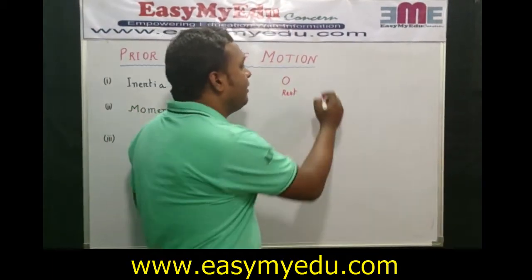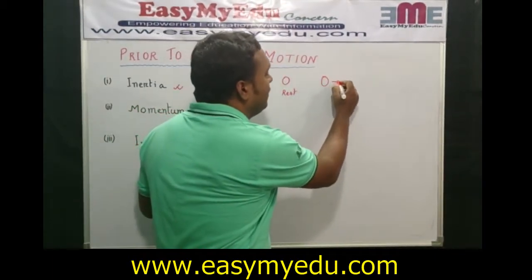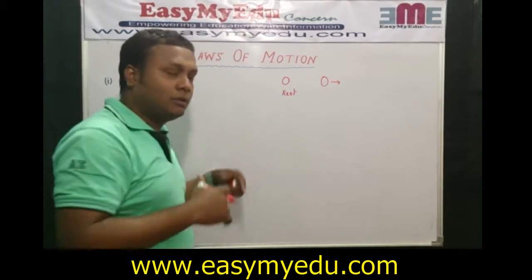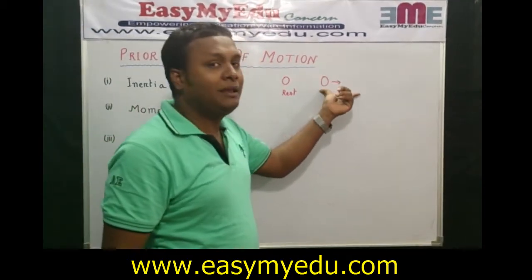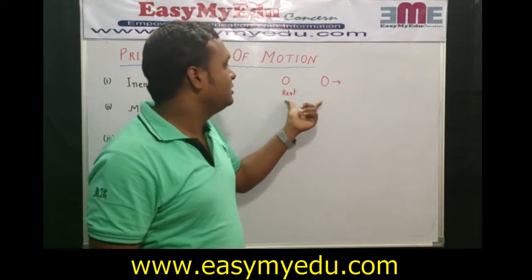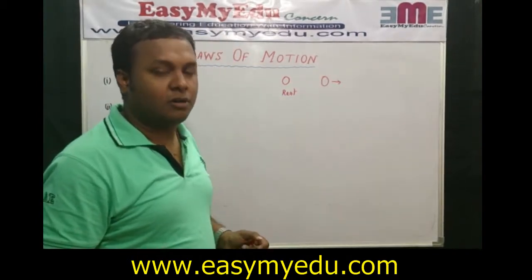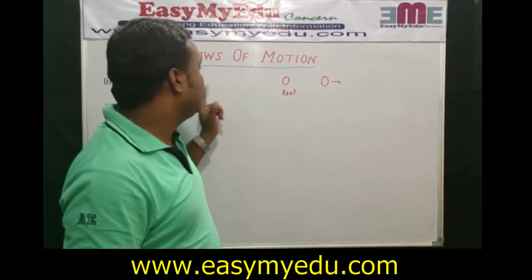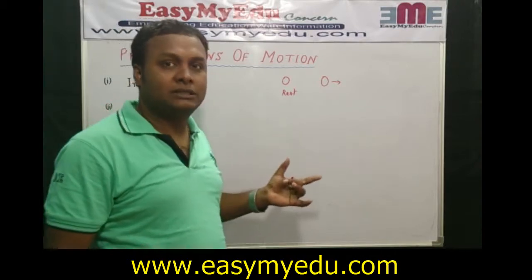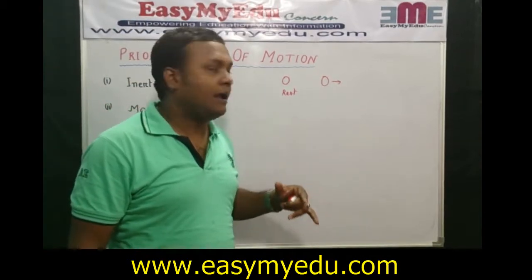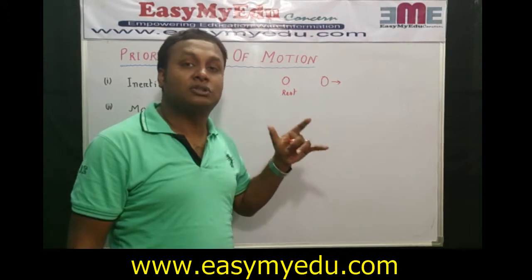And if a body is in motion, then it will tend to be in motion. So this is the property of object or matter, due to which an object, if it is at rest, wants to stay at rest, and if it is in motion, wants to stay in motion.